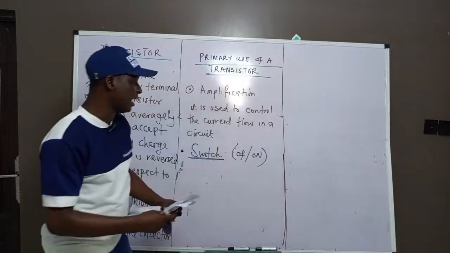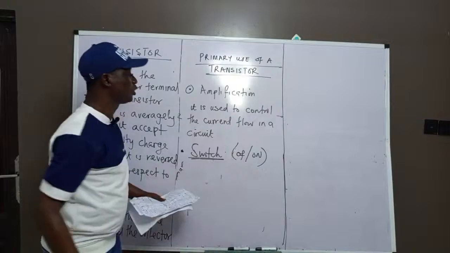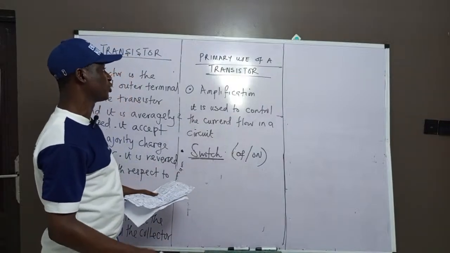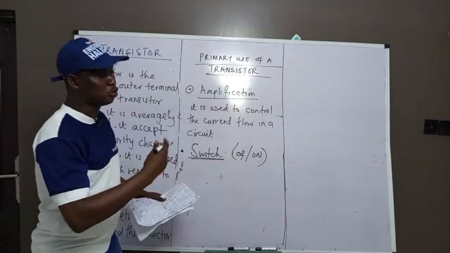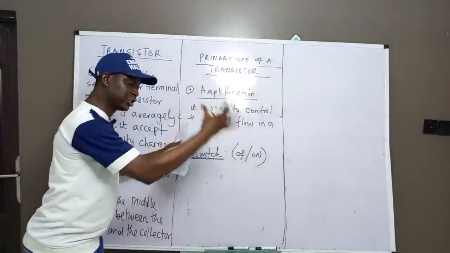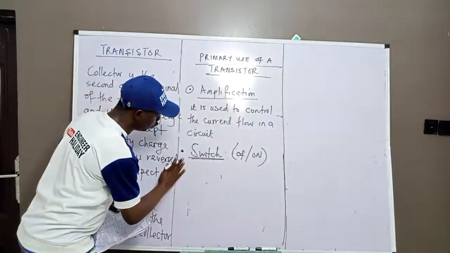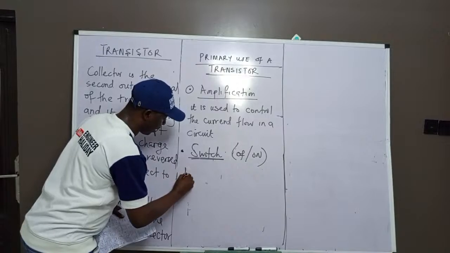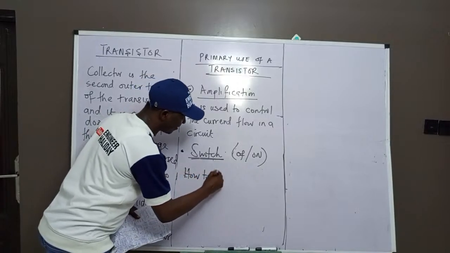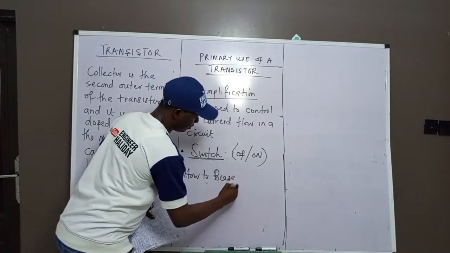Now we have talked about the application, the primary uses of the transistor, which are for amplification and for switching. But how do we achieve this in a transistor? Then we need to know how to bias a transistor.